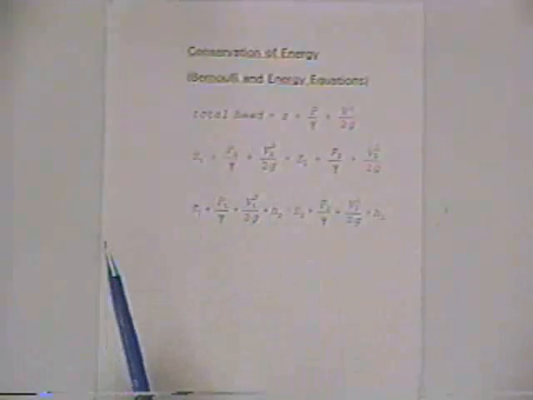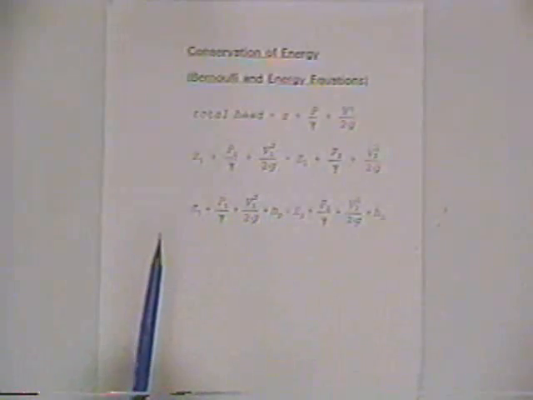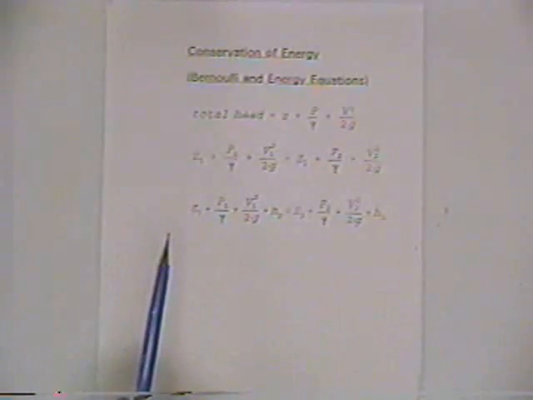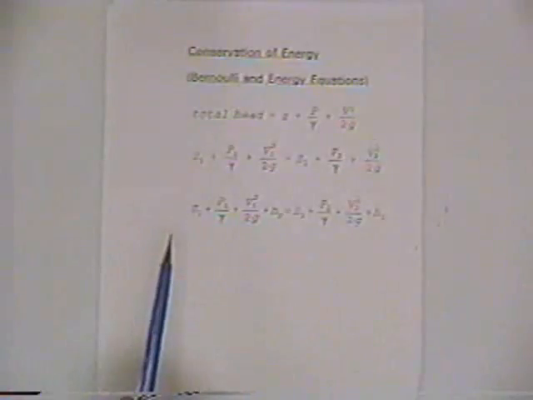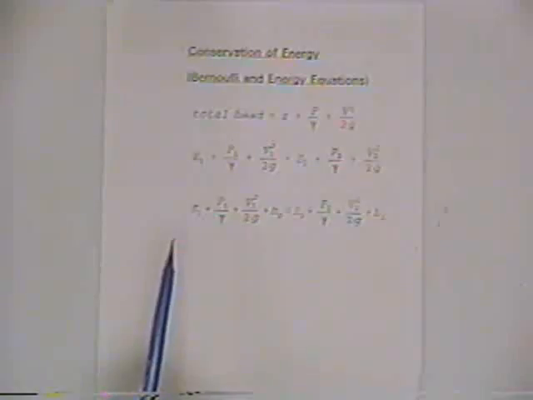We would derive energy per unit mass, and then we'd divide by g, and we'd get energy per unit weight. That's convenient to work with, because if you've got energy in Newton meters per unit weight, Newton meters per Newton, that gives you head in meters, which is quite convenient.